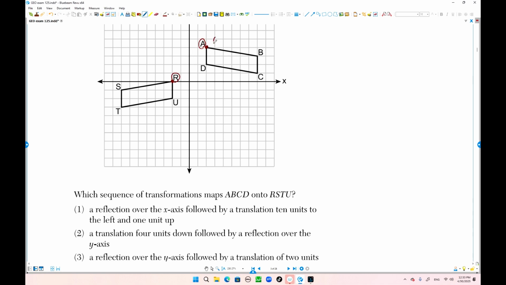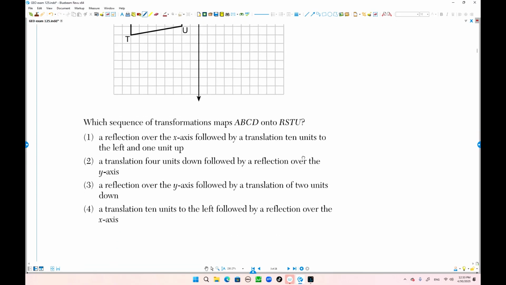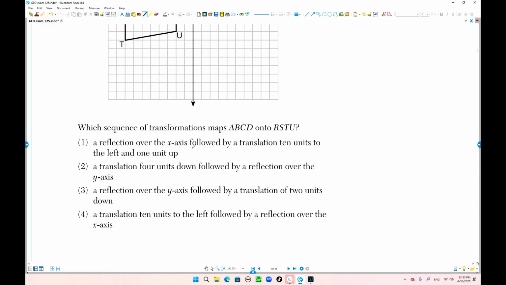A is the coordinate 2 and 4. R is negative 2 and 0, right? That's the corresponding point. So we can try 2 and 4. Let's try. First one is reflection over the x-axis. What is that?